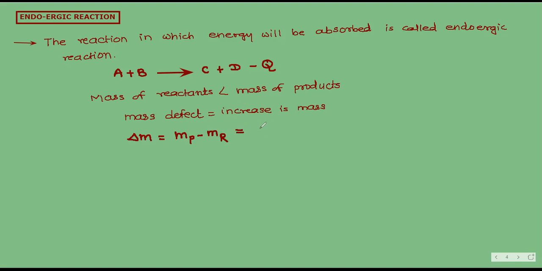that is equal to mass of C plus mass of D minus mass of A plus mass of B. Okay, and here binding energy of products is less than binding energy of reactant.